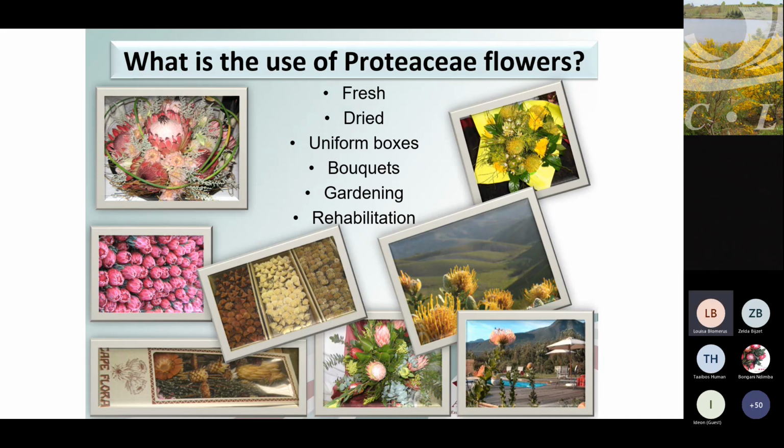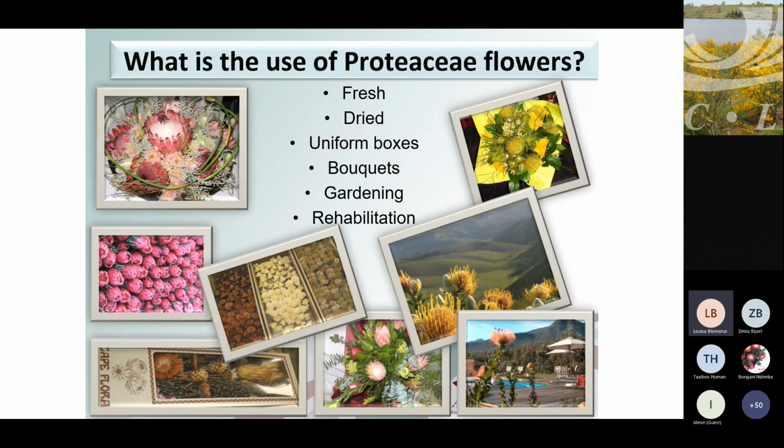Okay, so what is Proteaceae flowers used for? It's actually to make money. If you're into agriculture, you want to make money. And the uses are quite wide. You can use it as a fresh product in arrangements. It's been sold as dried products.